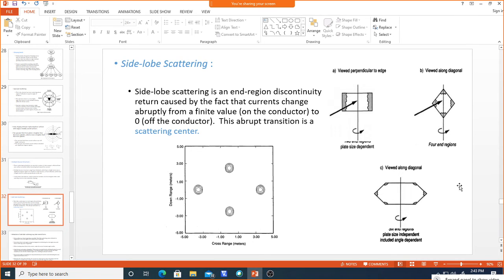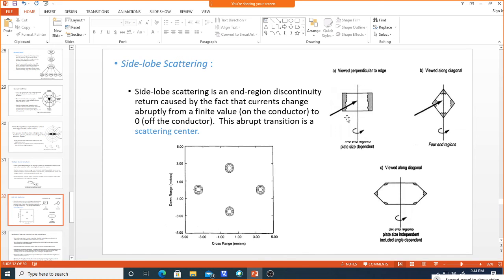And another one is side lobe scattering. Based on the angle of incidence, even a simple plate will behave in a different manner and give different backscattering energy. Side lobe scattering is the reason for end regions, either the edge or the viewing angle.